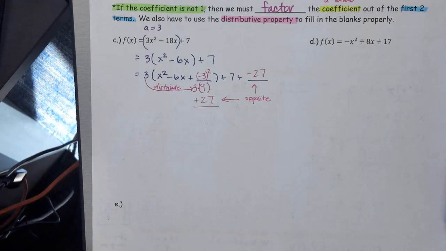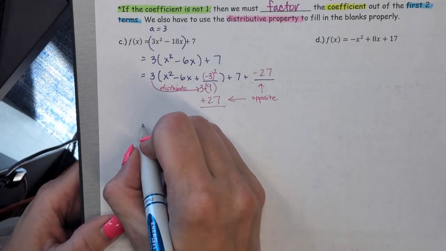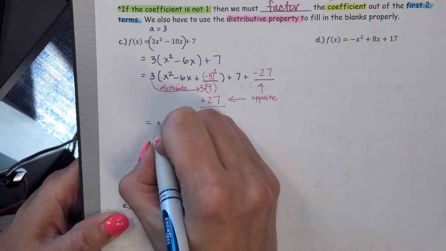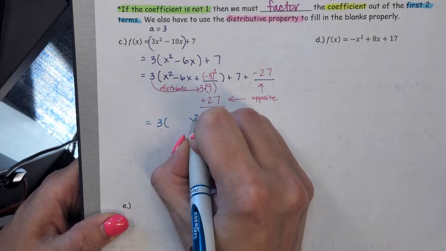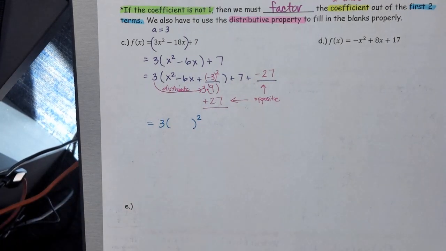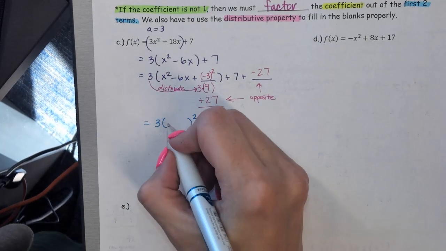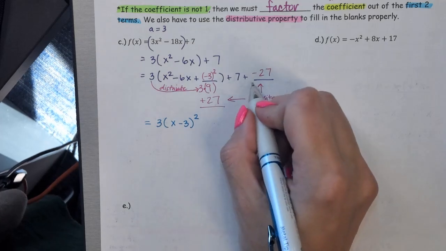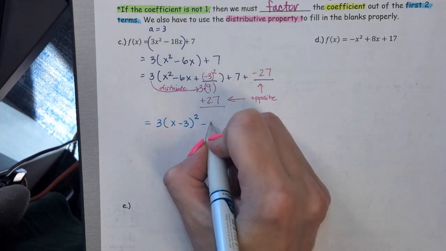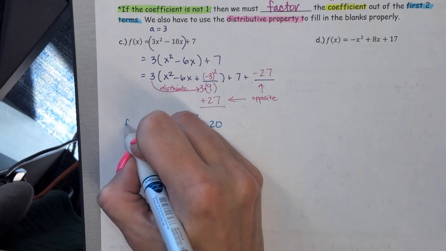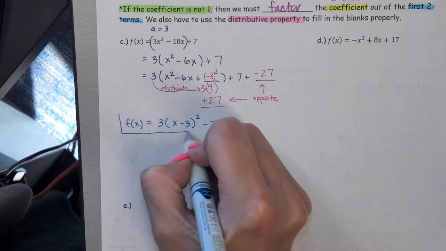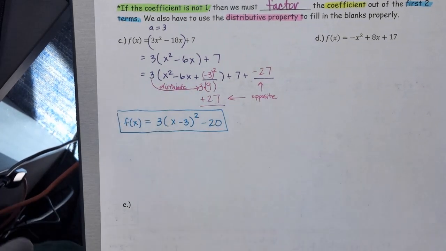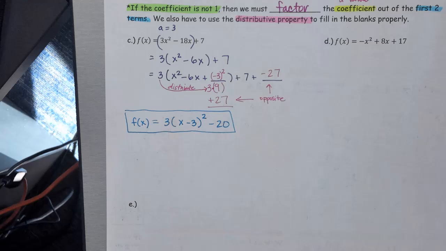And if you have an a value that's not 1, it's just going to stay on the outside here. So the 3 stays on the outside. When you factor, you have x minus 3 squared. 7 plus a negative 27 is negative 20. And the vertex, axis of symmetry, min or max rules all stay the same.